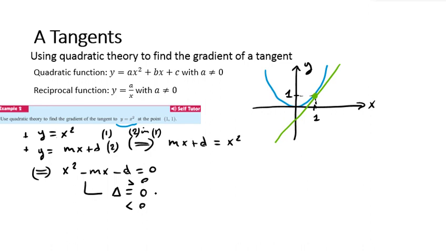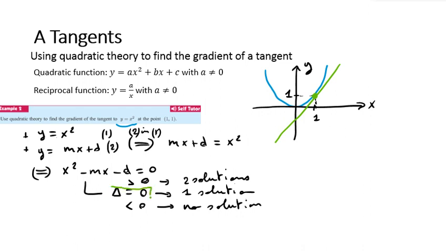When delta is equal to 0, then we have one solution. When delta is greater than 0, then we have two solutions. When delta is lower than 0, then we have no solution. In this case, delta must be equal to 0. Why?